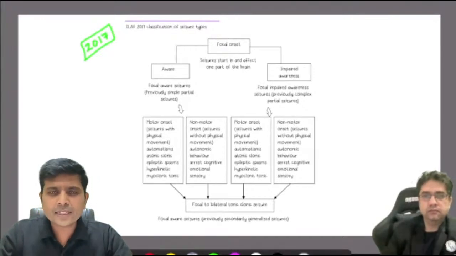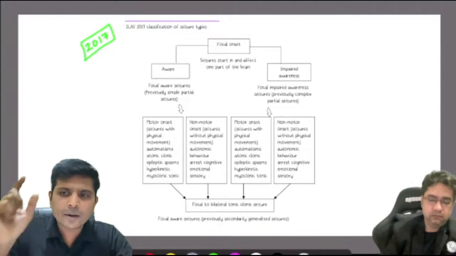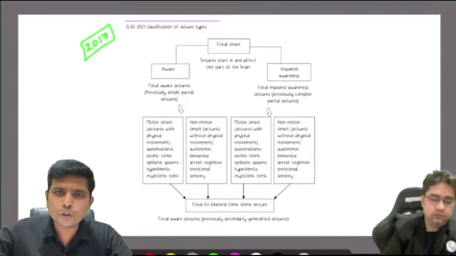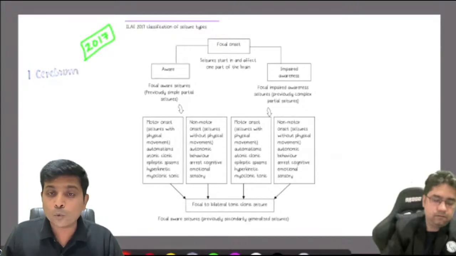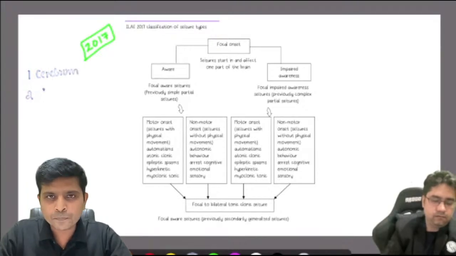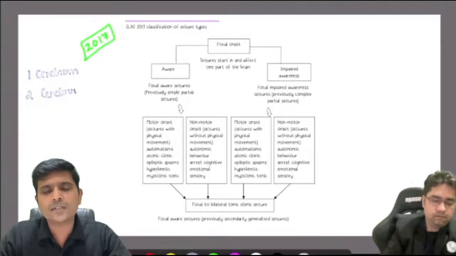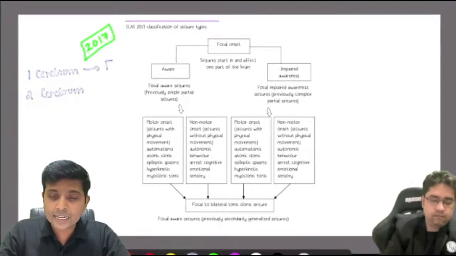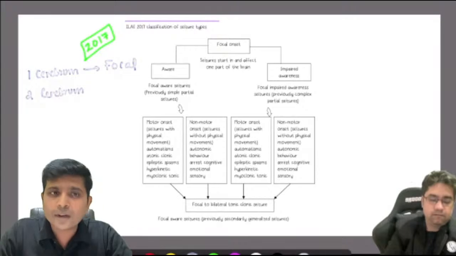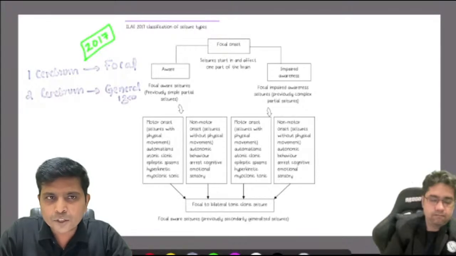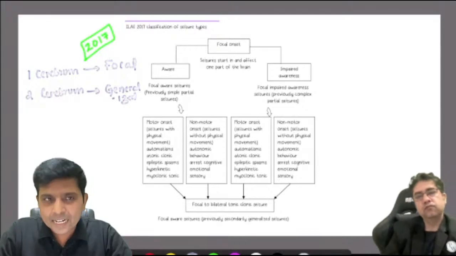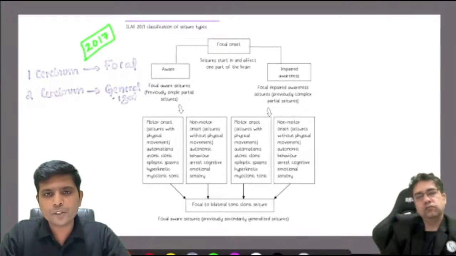One is whether it arises from one cerebral hemisphere or both cerebral hemispheres. If it arises from one cerebral hemisphere, it is called focal onset seizure. If it arises from both cerebral hemispheres, it is called generalized. I repeat, focal onset means one cerebral hemisphere. Generalized means both cerebral hemispheres.